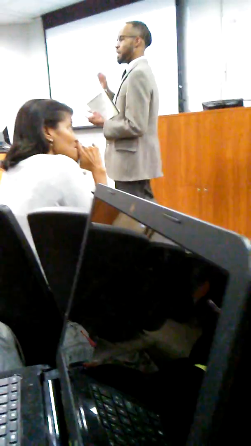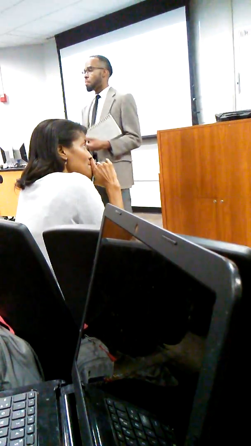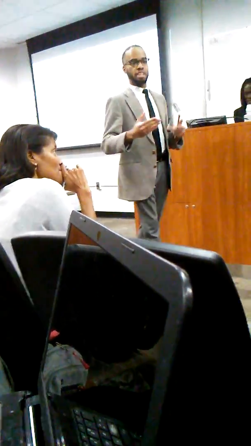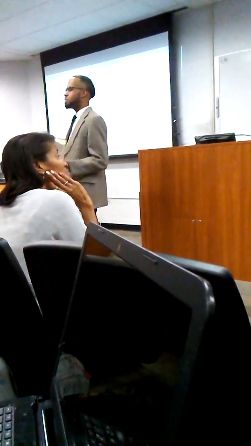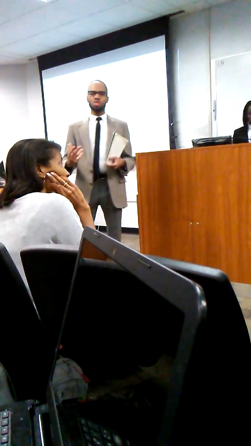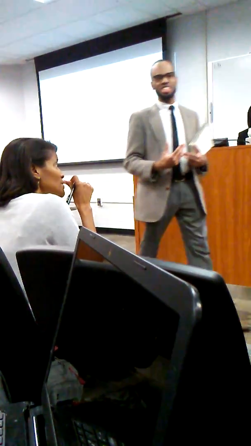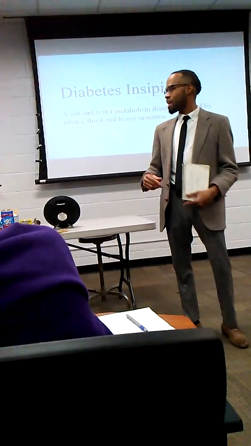So exercising and eating healthy is a form of treatment, to keep from going from gestational diabetes into type 2. Okay, diabetes insipidus, not too important. It's a salt and water metabolism disorder. It has something to do with your kidney functions, how you produce waste, or how you get rid of waste.